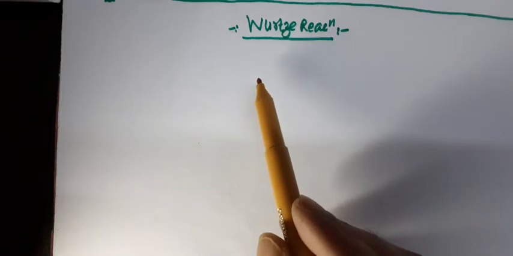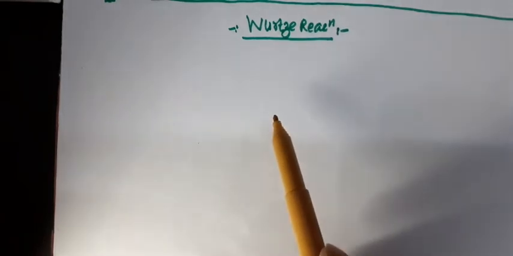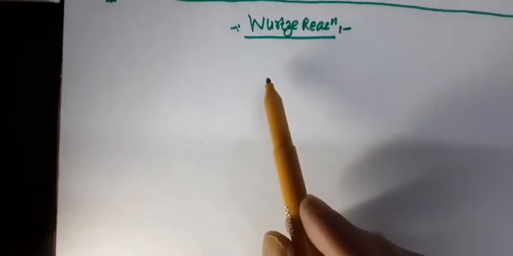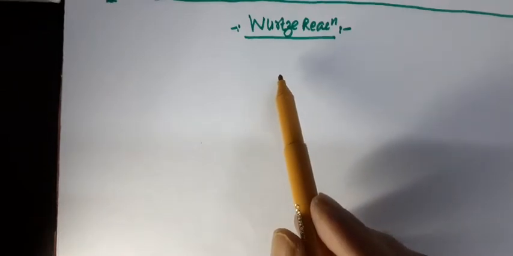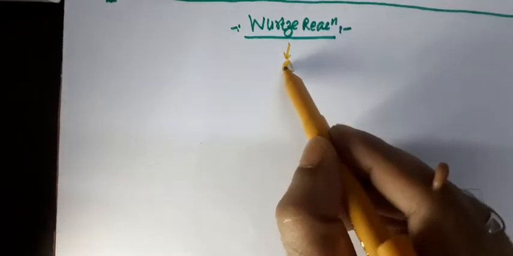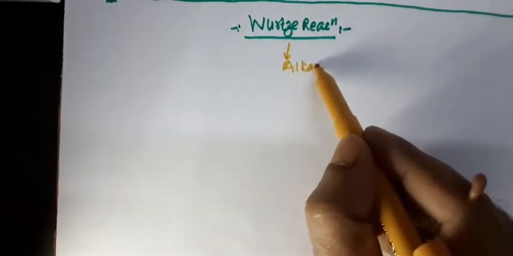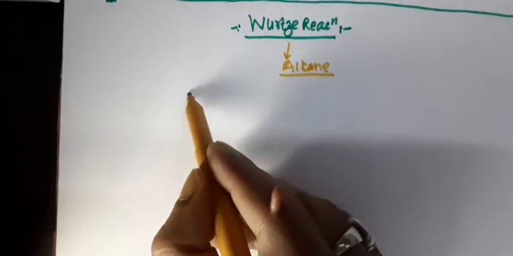In today's lesson, we will discuss another very important name reaction that is known as Wurtz reaction, and this reaction is used for the preparation of alkane. Very important reaction.